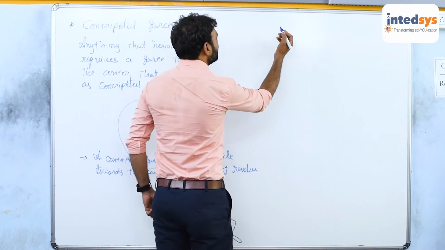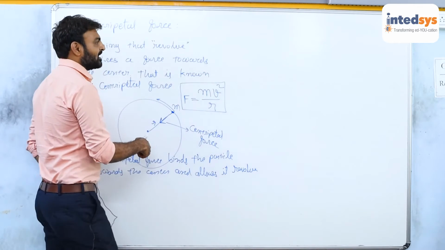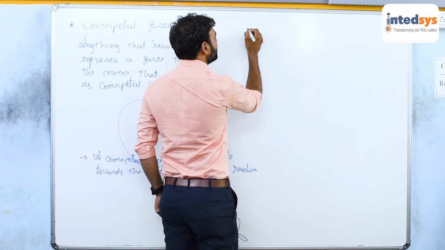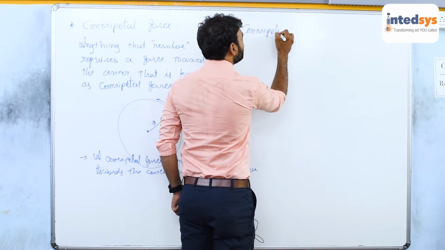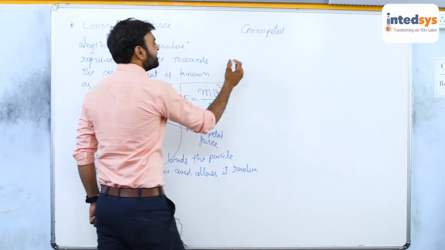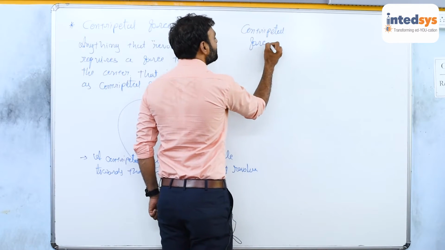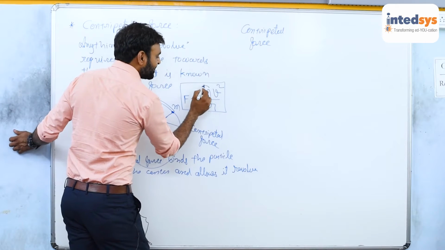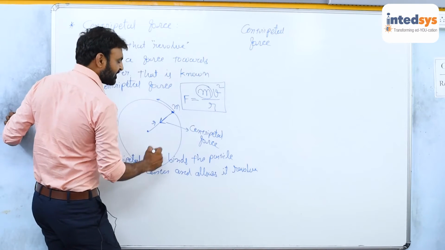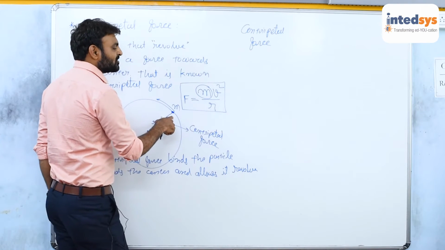Now listen to me carefully, there is another part of this formula. But look at that formula closely. The mass of the particle which is revolving over the circle is a constant value.